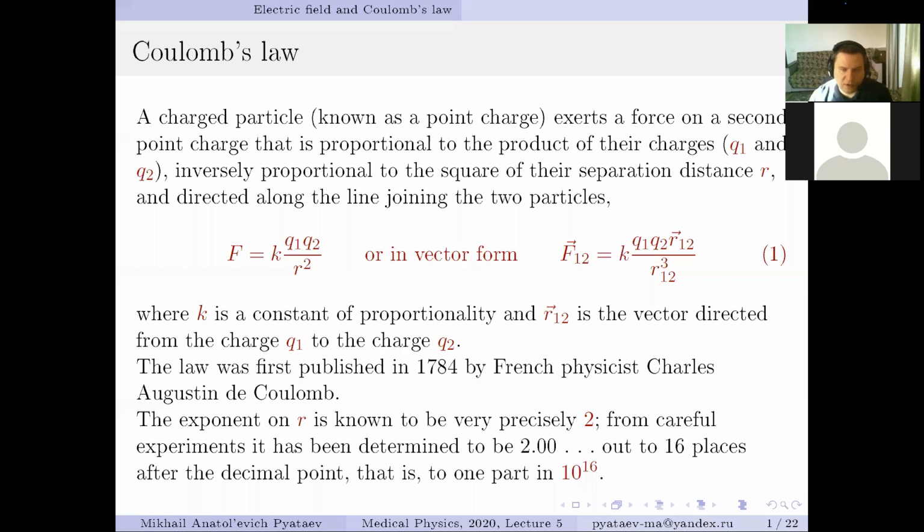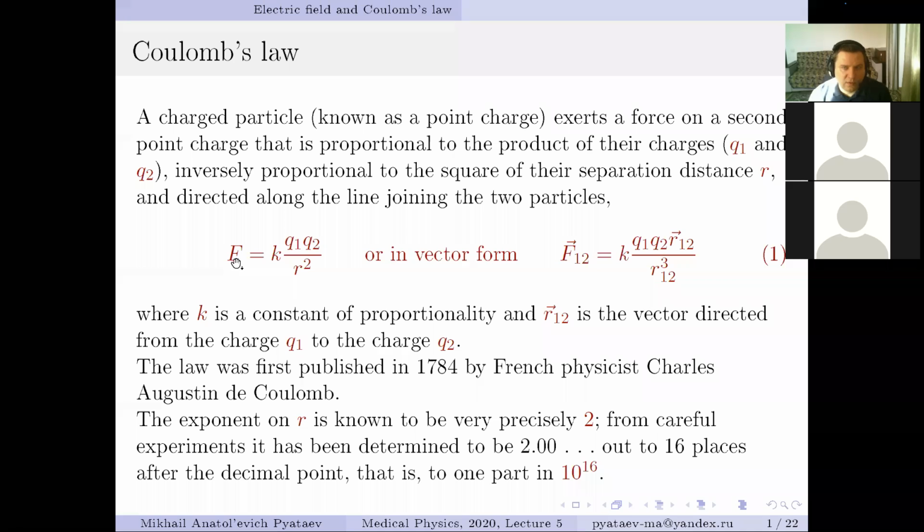In contrast to the SI system, the charge is not measured in coulombs, it is measured in units of charge for the SGS system. And the difference between these two systems is that in SGS, this coefficient K equals 1. So the charge has the dimension which can be found from this equation: newtons multiplied by R squared, and then we can take a square root of this value.